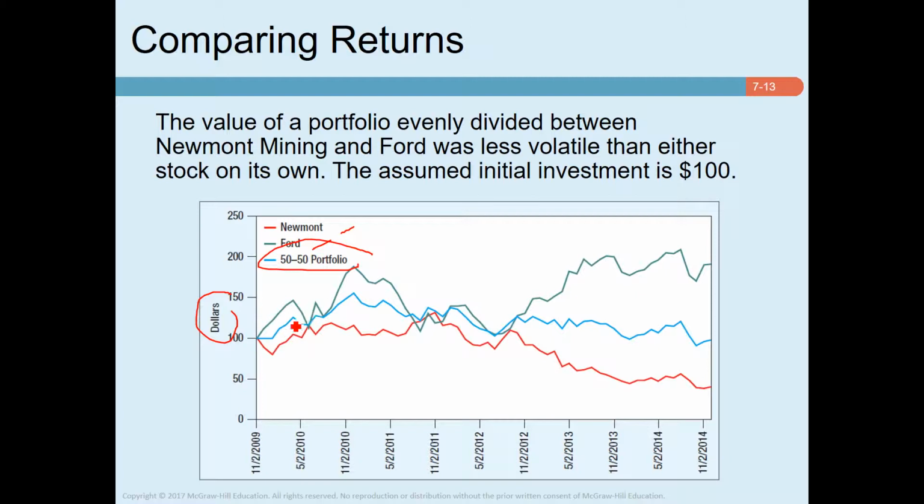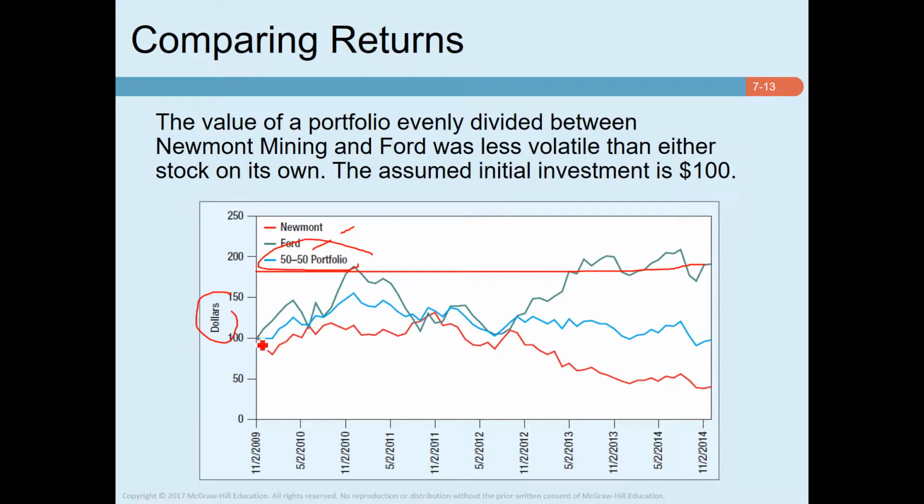Now look, if you have invested $100 in Ford, for example, the green line, in 2009, you would end up with about 180 at the end of 2014.